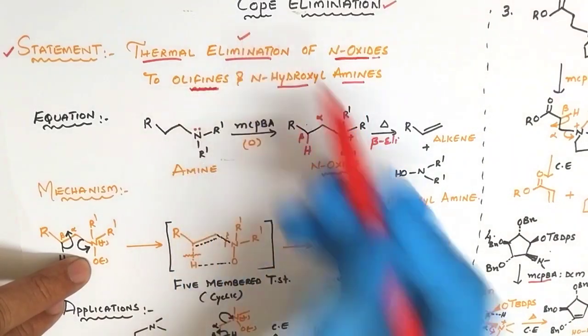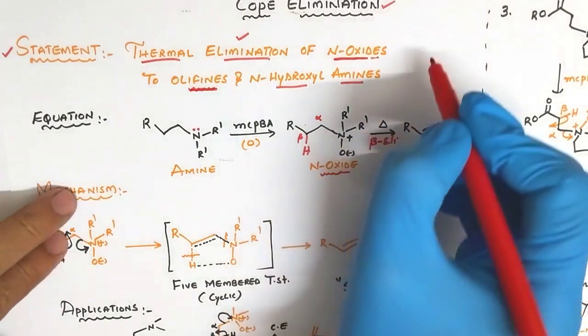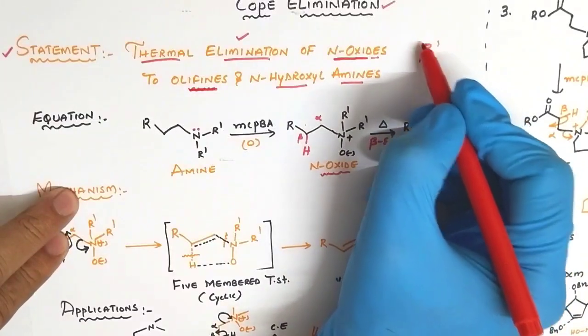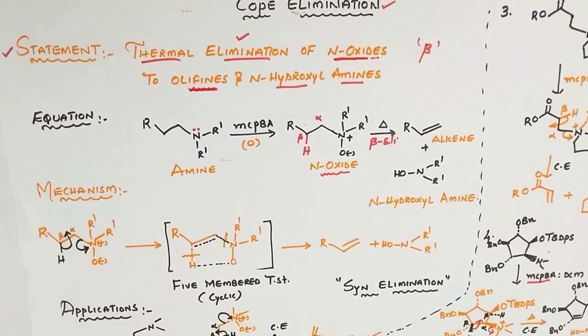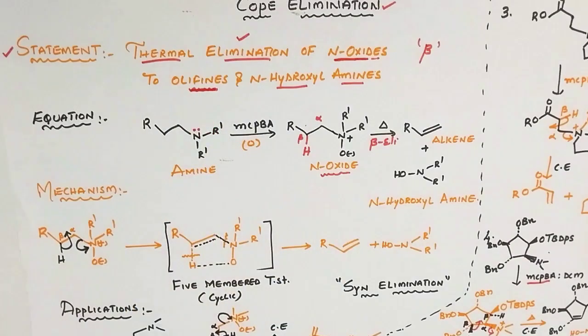This is an example of elimination reaction or not? The elimination reaction may be alpha, beta or gamma. Here the Cope elimination is the example of beta elimination. Remember that. Why? Because the products are olefins. Already we know that in case of the beta elimination, the products will be olefins only.